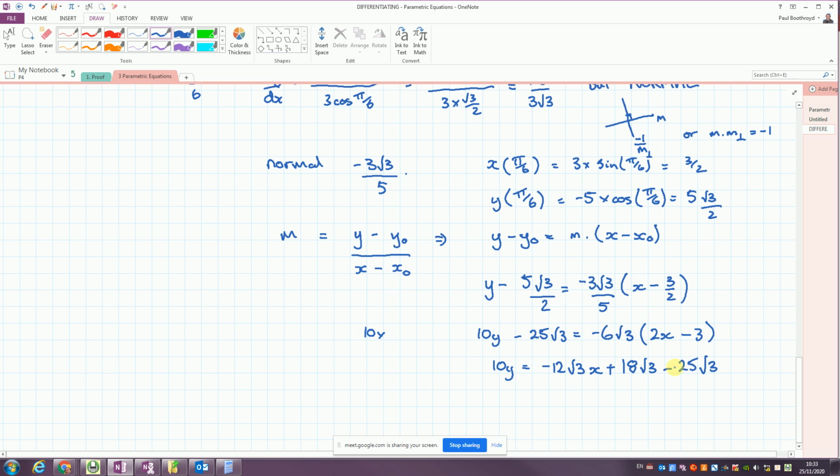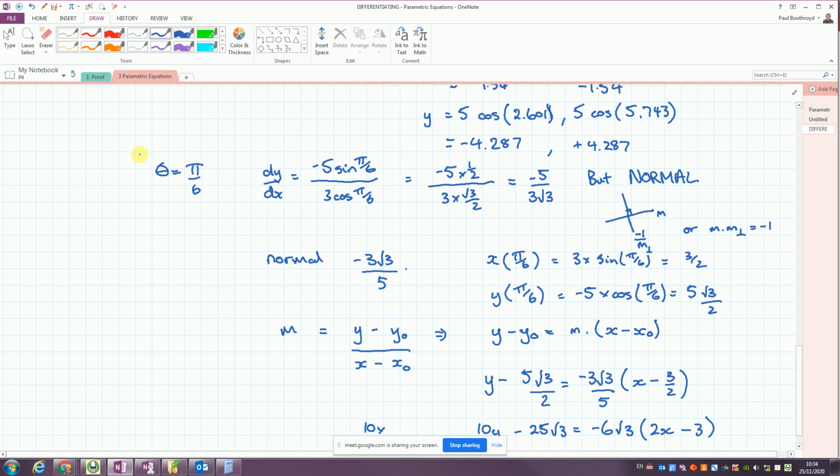Oh, they divide through by 2, don't they? Still doesn't look nice. 8, 15, 5 5s is 25. Root 3.